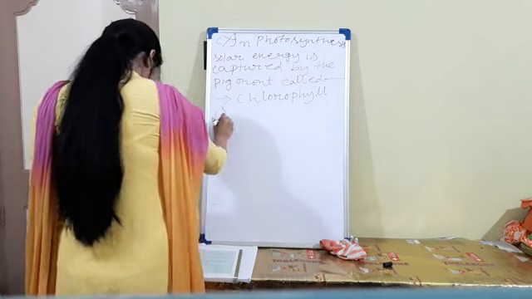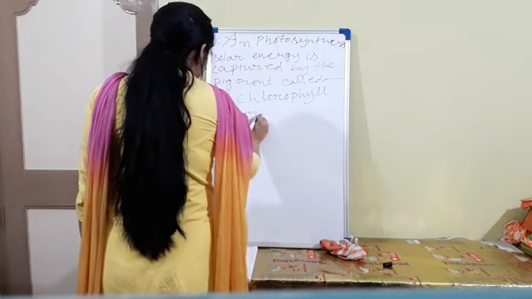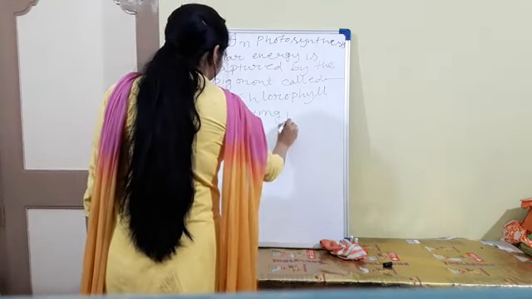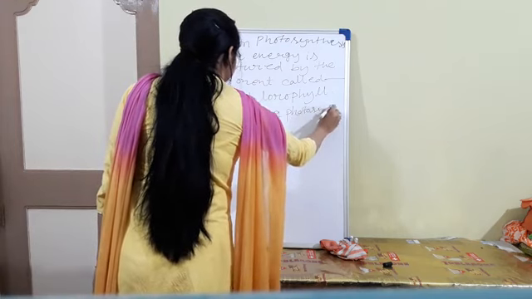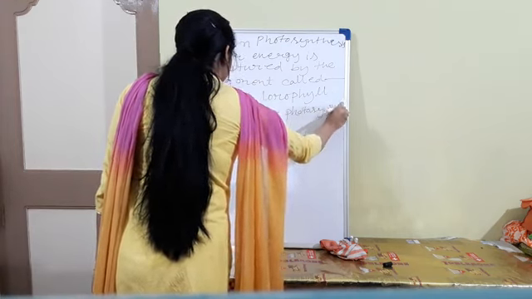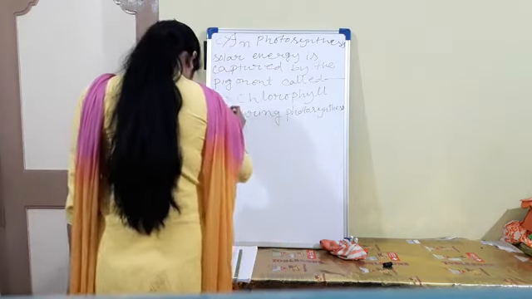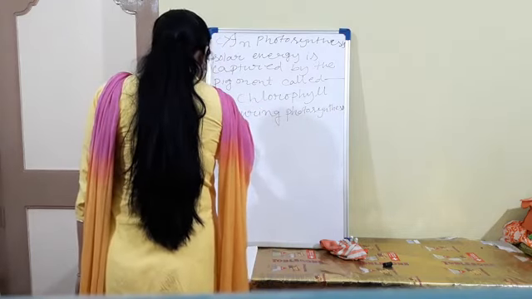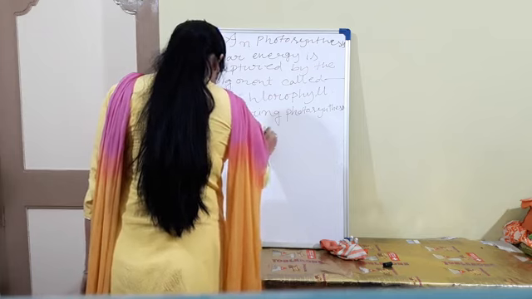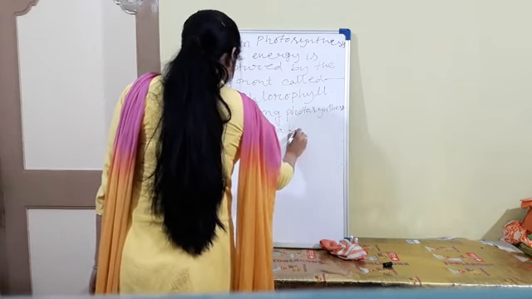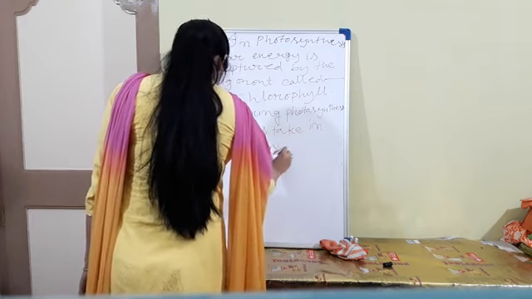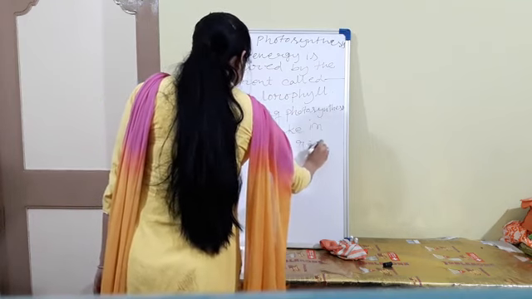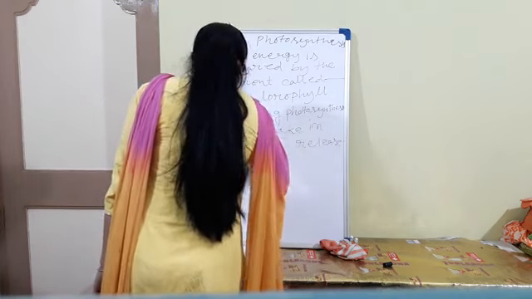Next, number D. During photosynthesis, plants take in dash and release dash.